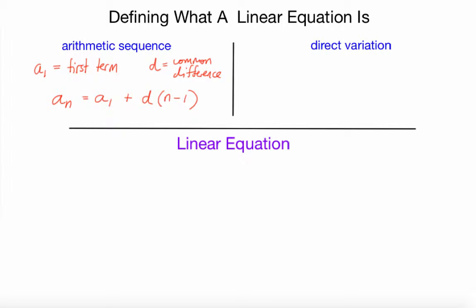Then we moved on into direct variation. We noticed that direct variation always goes through the point (0, 0). That seems to be a hallmark of direct variation. Then they always fit this pattern. We were looking at a relationship between two variables, x and y, directly related by k, the constant of variation.